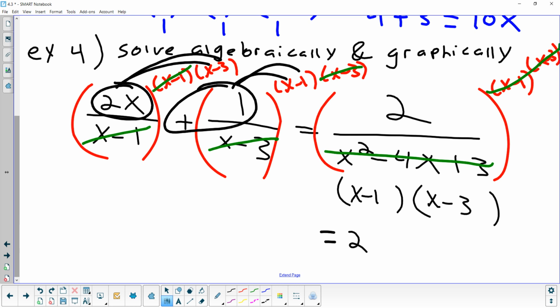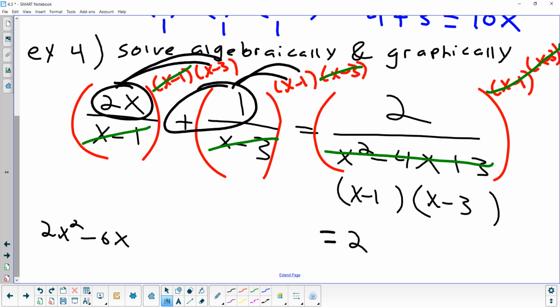So remember, the x minus 1, x minus 3, that is now gone because that denominator is what we multiplied everything by. How about Matt? What am I going to get when I multiply the 2x times the x minus 3? 2x squared minus 6x. All right, so there's my first one.